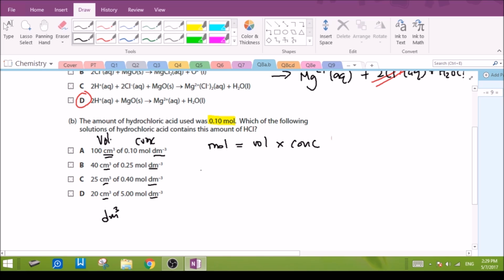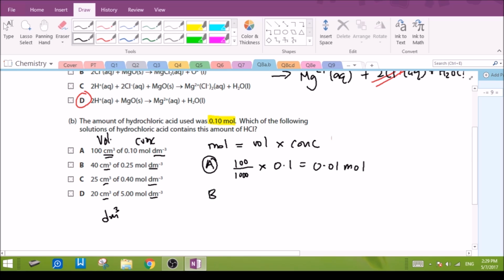So going down the list, for A, we have 100 over 1000, because we have to convert it to dm cube, multiply by 0.1. That will give us 0.01 moles. That doesn't correspond to the 0.1 mole that we want.